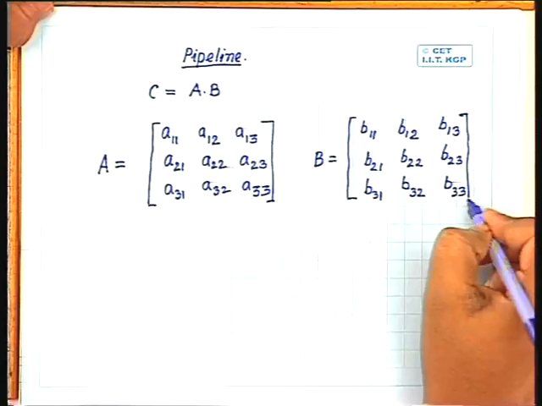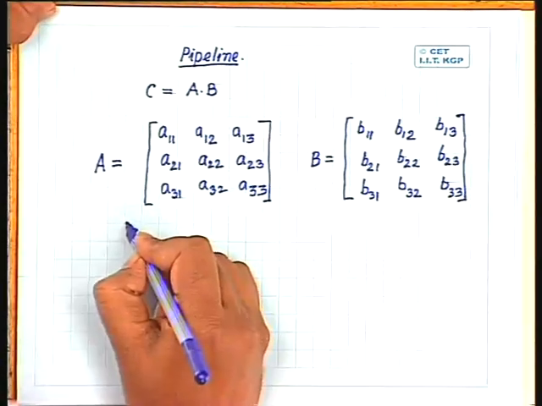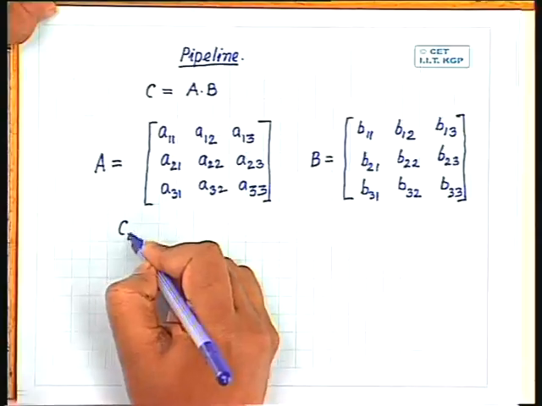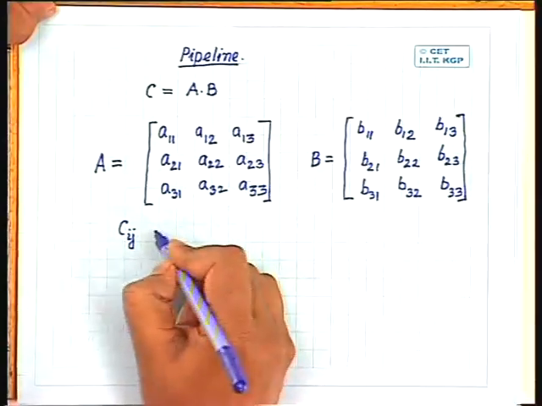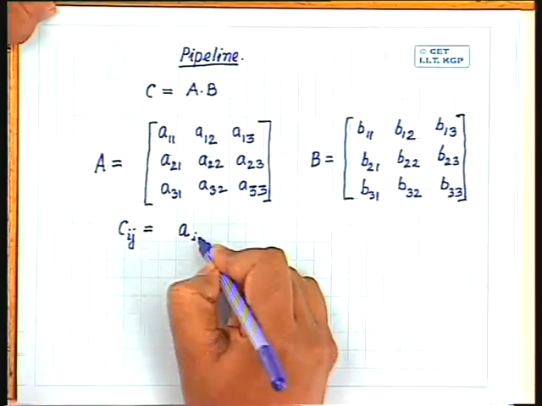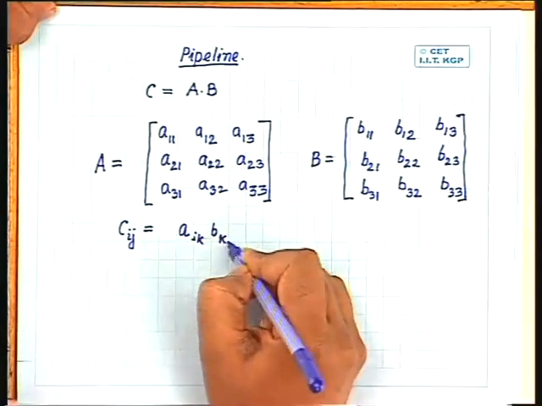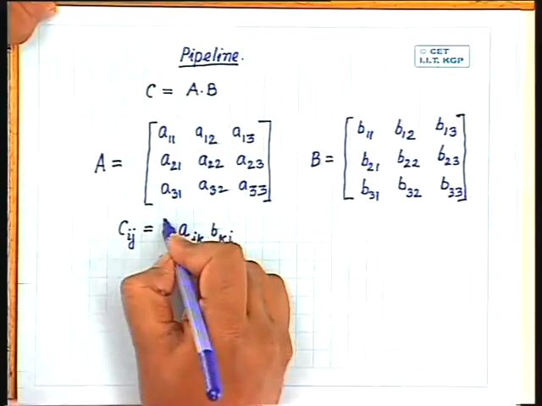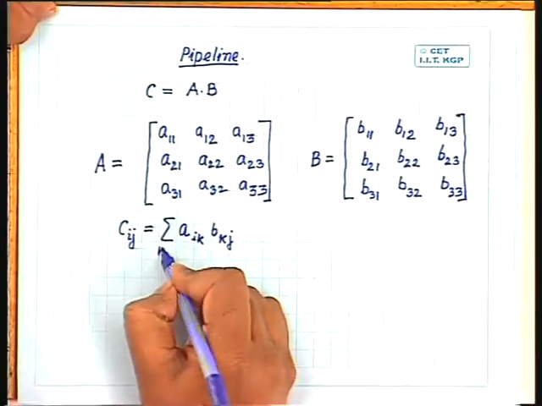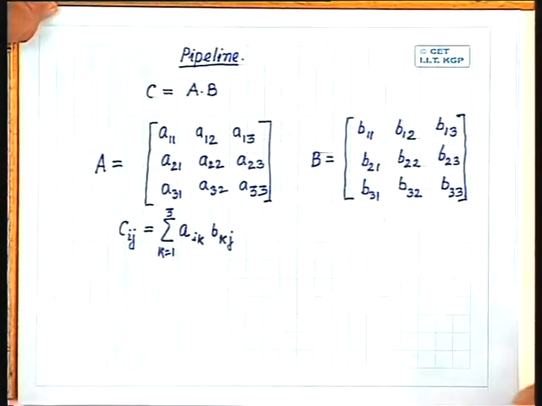And you all know that if we want to multiply these two matrices, our resultant matrix will be given by every ijth element in matrix C is given by A i k multiplied with B k j, sum of k equal to 1 to 3. Okay.